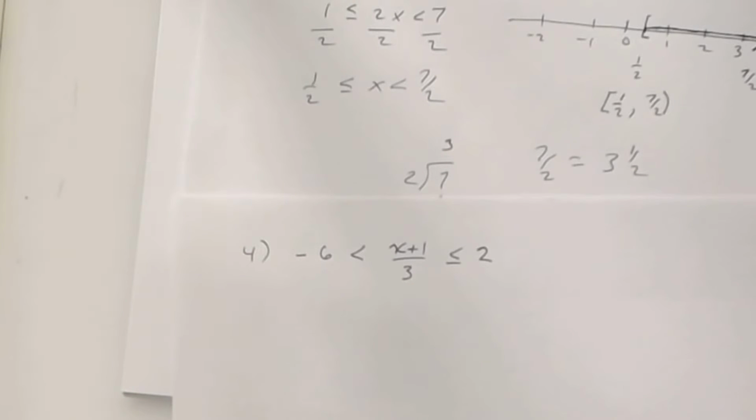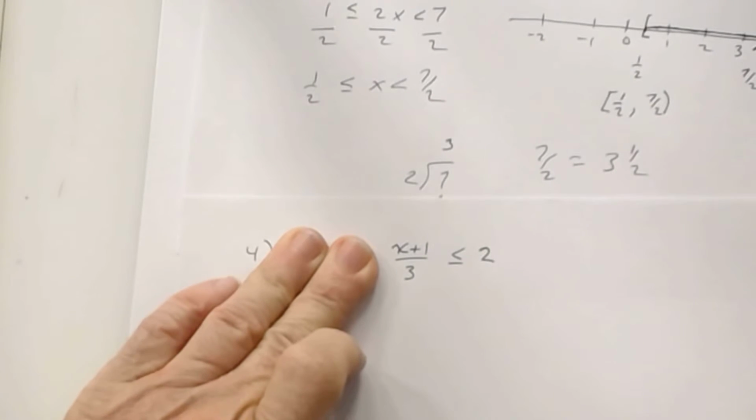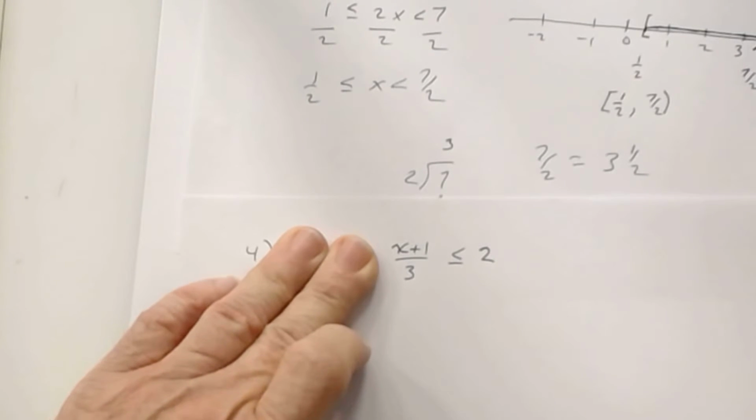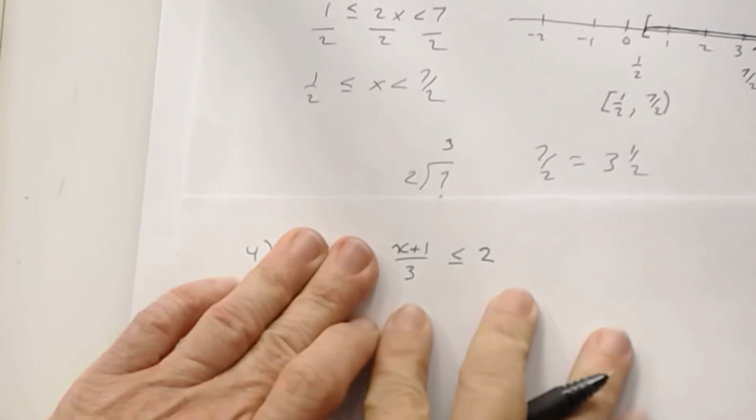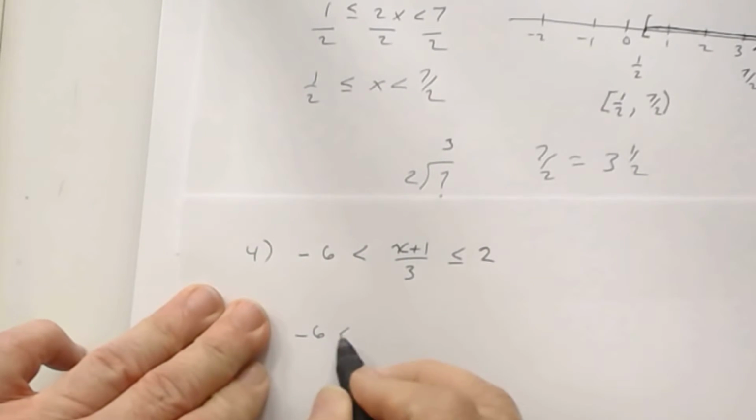So if I were to cover this right here, what would you do? Yeah, multiply both sides by 3, right? Clear the fractions. Same thing here, except there's not 2 sides, it's how many parts? 3. So I'm going to rewrite this over.